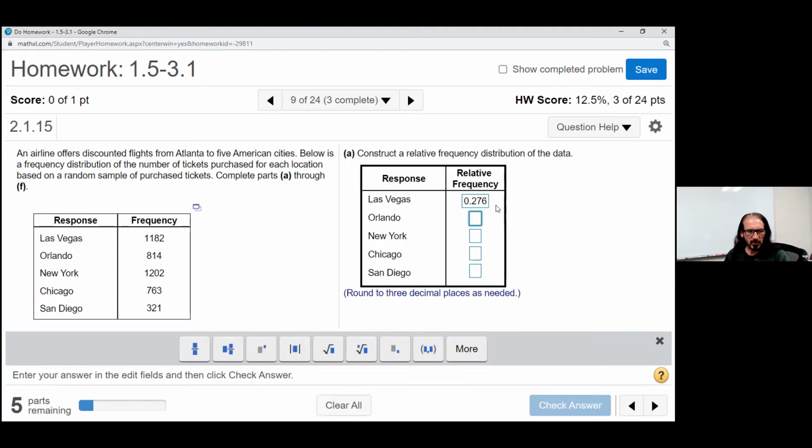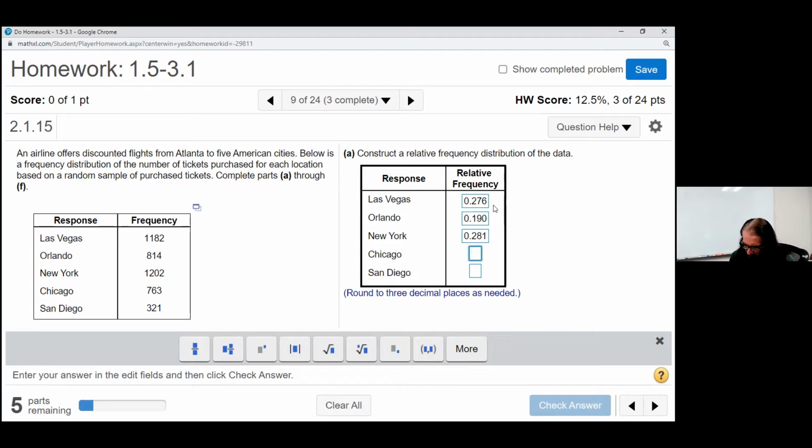Then I'm going to divide the 814 by the same number, 4282, that you could see there for a moment. 0.1900, it's going to round down. 1202 divided by 4282. 0.2807 something, that's going to round up. Chicago, 763 divided by 4282.